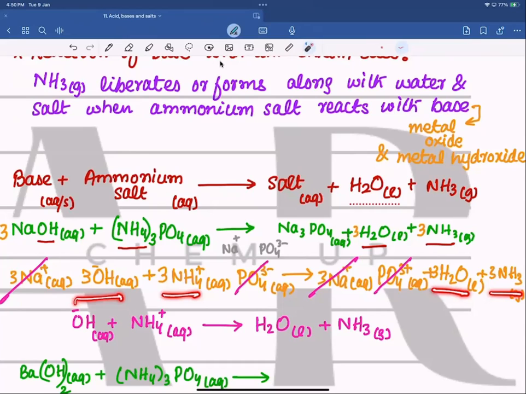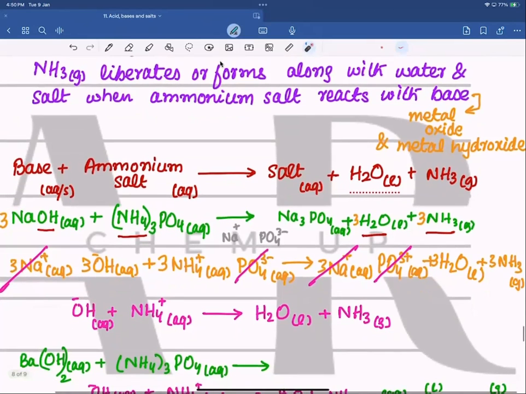But if all have the same coefficient, we simplify it to a 1:1 ratio. Is this clear? Yes, Manahil? Yes, Rohan? Yes, Laiba? Yes, Aisha and Khatija? Okay, now complete this equation and then make the ionic equation from this one.